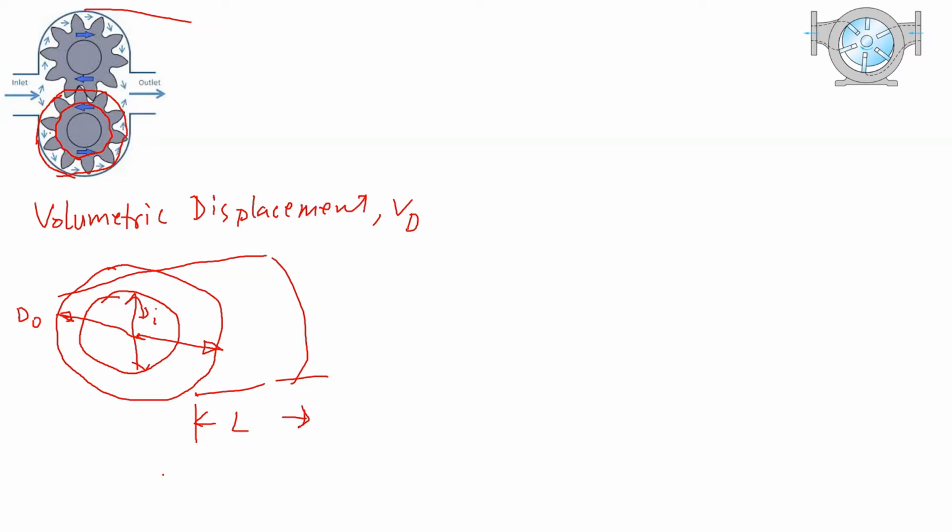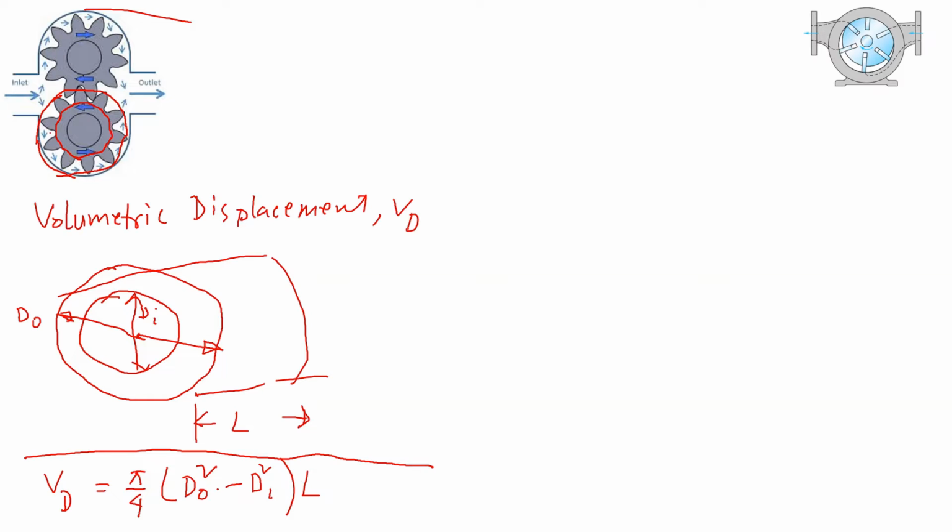So to calculate the volumetric displacement VD, VD equals pi by 4, the area times the height. So pi by 4, the outer diameter square minus the inner diameter square times L. That is the volumetric displacement.